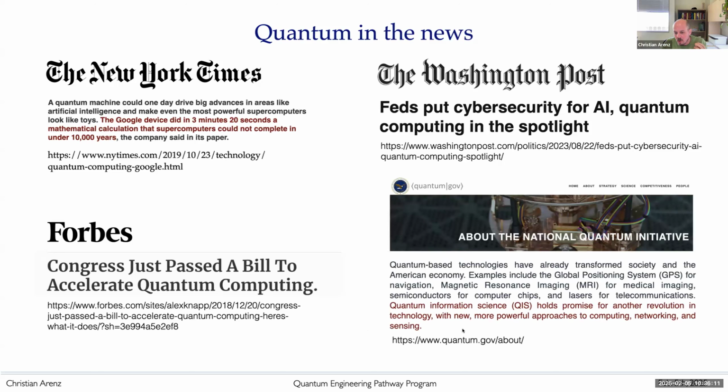But what this act talks about basically is new technologies that based on these quantum effects. And they have powerful approaches in computing, networking, and sensing. So if you want to read more about that act, please go to the government's website, which I'm saying here. Likely getting renewed this year, we'll see.